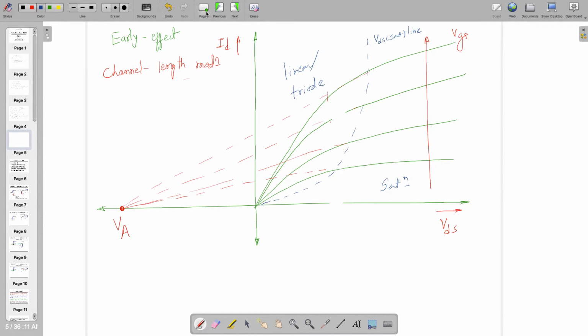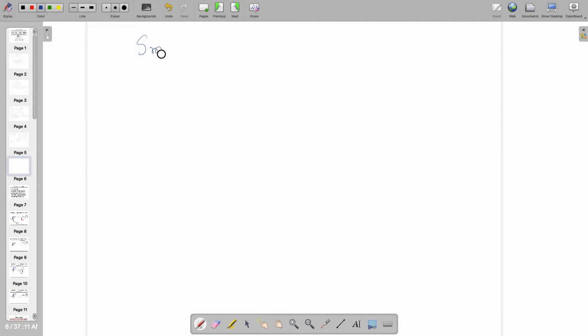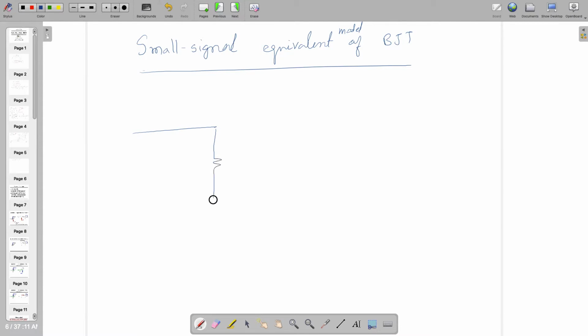So if you remember the small signal equivalent model of BJT, from now onwards, if I say the words small signal model of BJT, just draw that model in your brain like this.